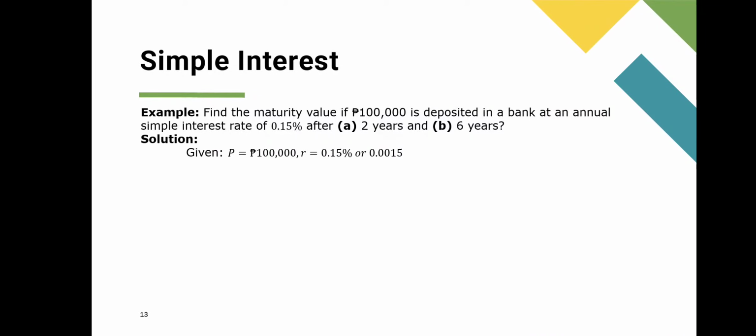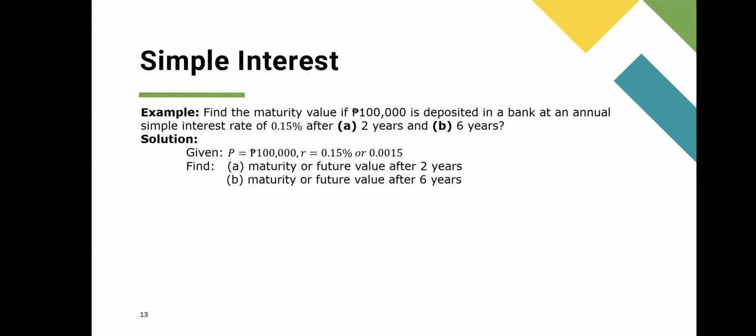So what we know is we're given the principal amount of 100,000 pesos and the rate, which is 0.15%, or in decimals, that is 0.0015. Okay? So we will find first letter A, the maturity value after 2 years.